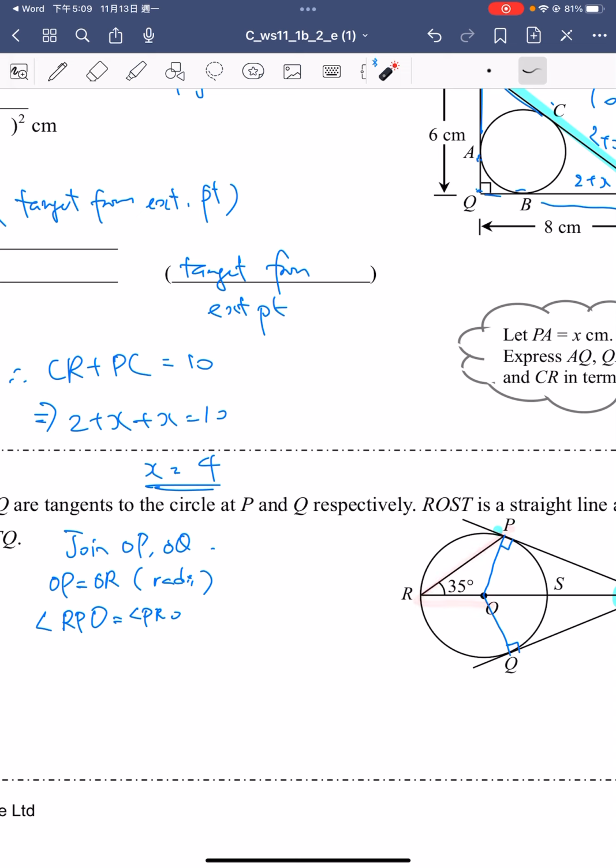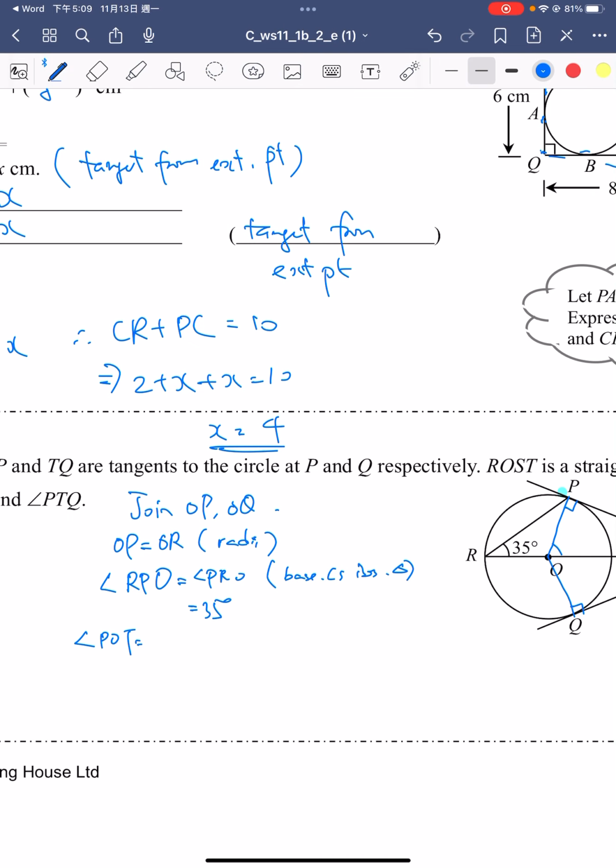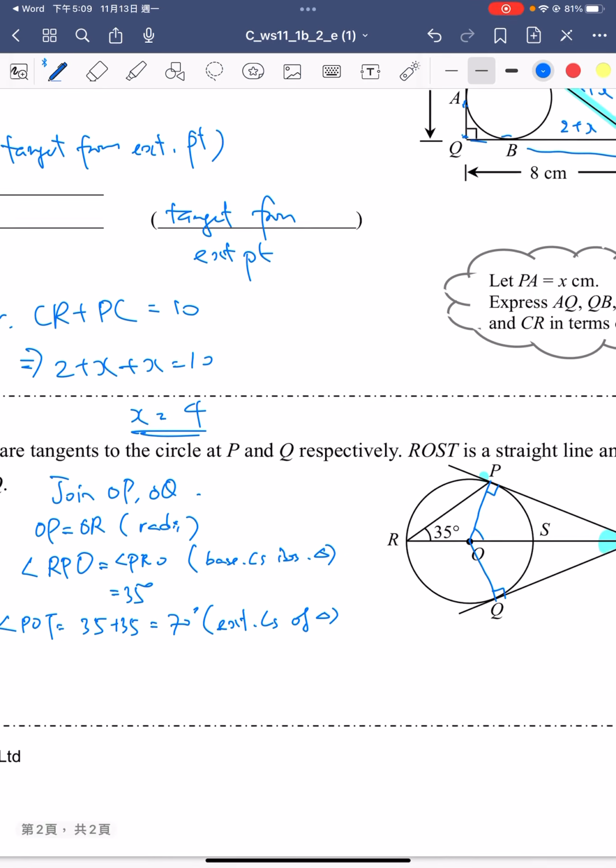They are the same, because this is an isosceles triangle, the base angles of an isosceles triangle. So this is equal to 35 degrees as well. So we can say that the exterior angle POT is equal to 35 plus 35, giving you 70 degrees. This is using the exterior angle of a triangle. Then we say this is 70 degrees.